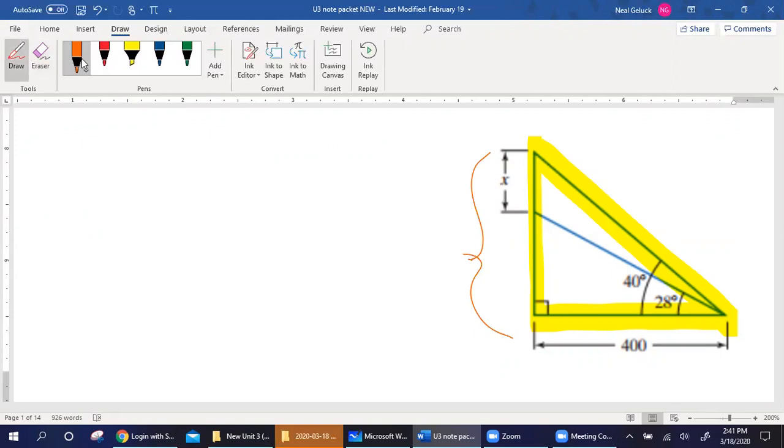I called this Z. Looking at the yellow triangle, that's going to be a tangent problem to figure out side Z. So tangent of the angle, which is 40 degrees, is Z over 400. I multiply 400 over, and I've got Z solved for.